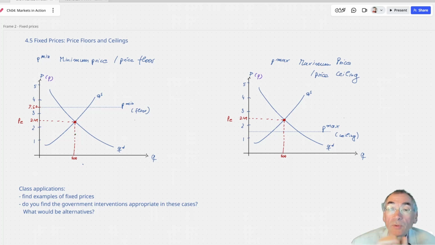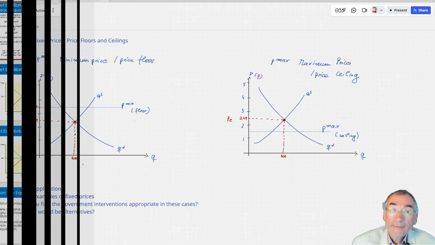What would be alternatives? And that's the first time we sort of apply the questions that we raised at the beginning. Should the government intervene in markets? And if so, which possibilities does it have? We apply it for the first time in this theory here.